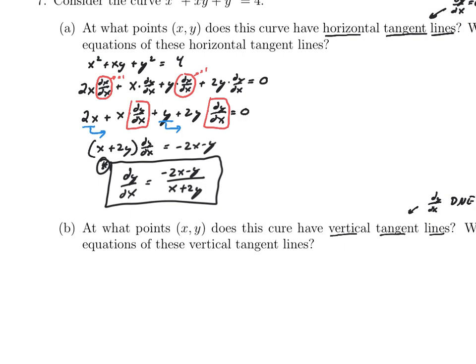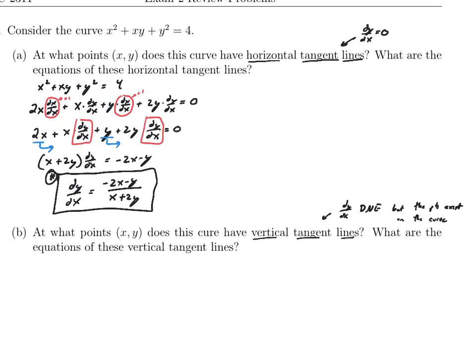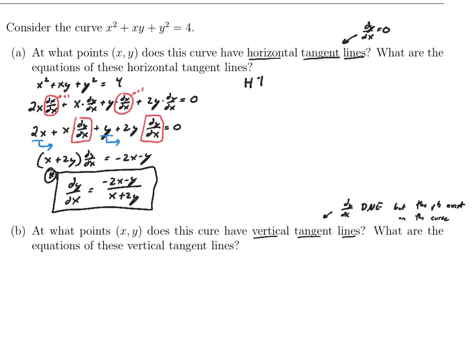All right. Now for part A, for the horizontal tangent line, you need the numerator to be equal to 0. So we're going to solve when is dy over dx equal to 0, and that's the same thing as when is the numerator equal to 0, and you get negative 2x minus y is equal to 0. So then you end up getting just y is equal to negative 2x.